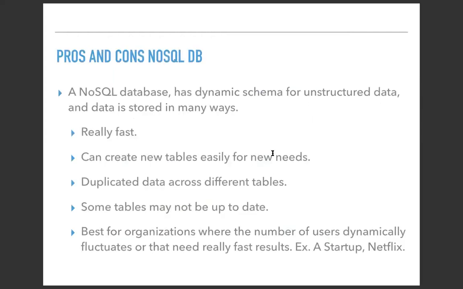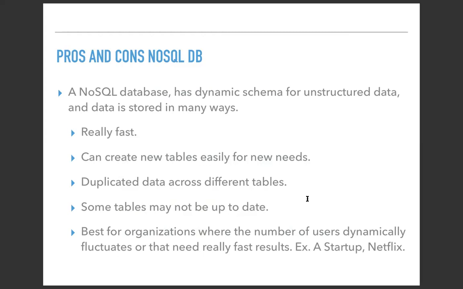So taking into consideration these pros and cons, NoSQL databases are best for organizations where the number of users dynamically fluctuates or that need really fast results, such as a startup or, let's say, Netflix. In a startup, they don't have structured data because they're figuring things out.